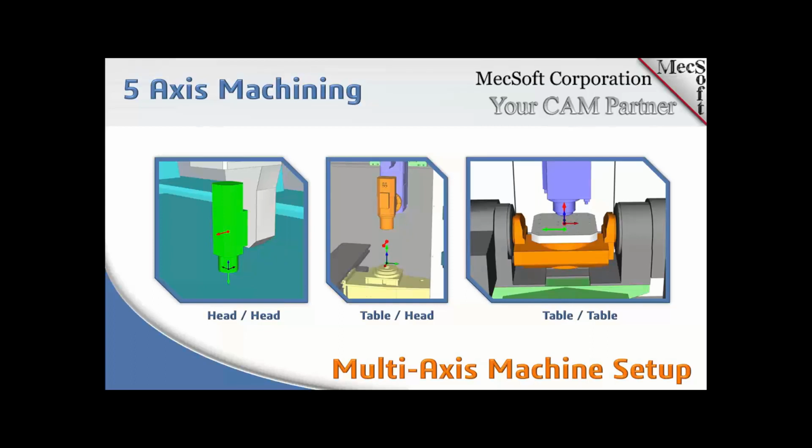And then in the middle, the table-head configuration, you have the 4th axis on the table and the 5th axis on the head. And then on the right, you have a table-table configuration where both the 4th and the 5th axis reside on the table, and the spindle of the machine is doing the cutting.